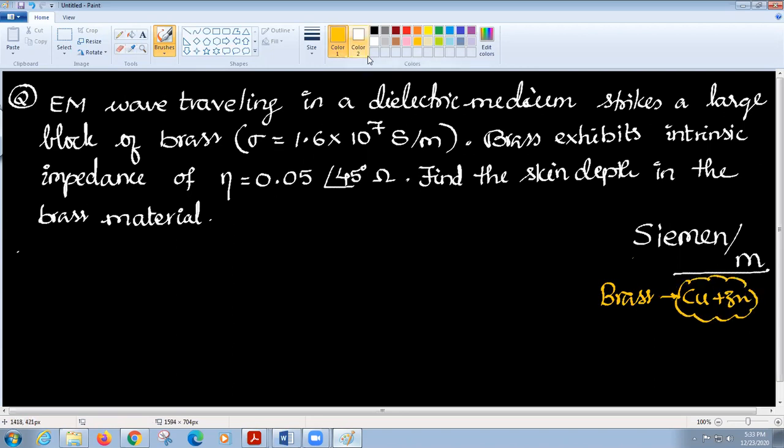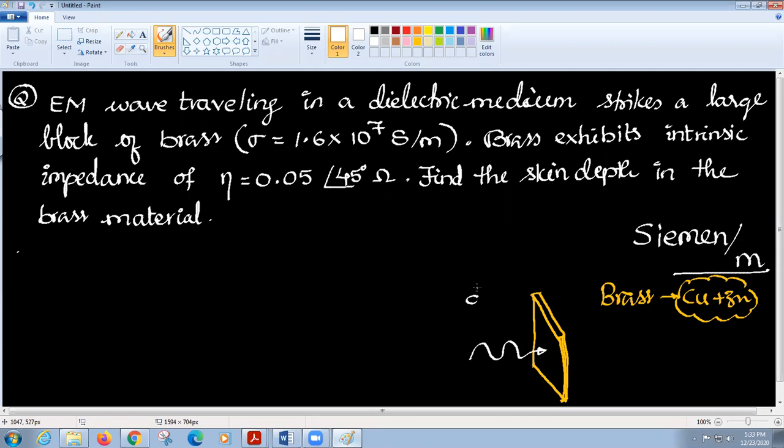So what you have is this. Say you have your brass material, with some thickness, and an EM wave is traveling in this dielectric medium.